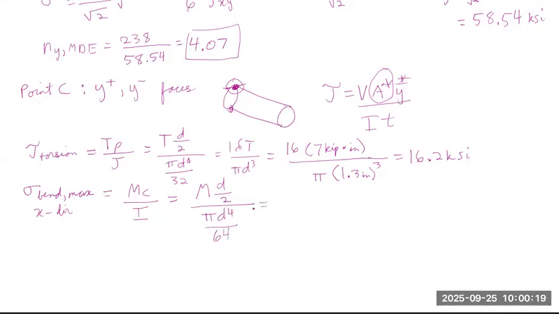It's always a good idea so that we can simplify things before we plug our answers in. And this is equal to 32 times the moment over pi times d cubed. And this is equal to 32 times 10 kip inch over pi times d, which is 1.3 inch.